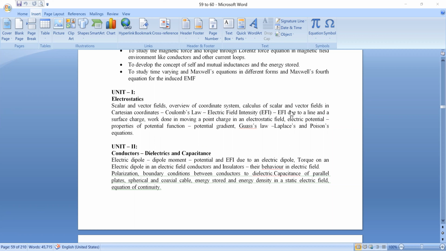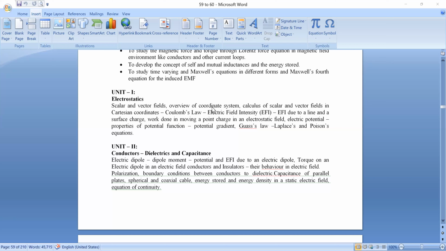That means vector addition, subtraction, multiplication, and some properties like gradient, divergence, and some theorems like Gauss divergence theorem, Stokes theorem, like that.